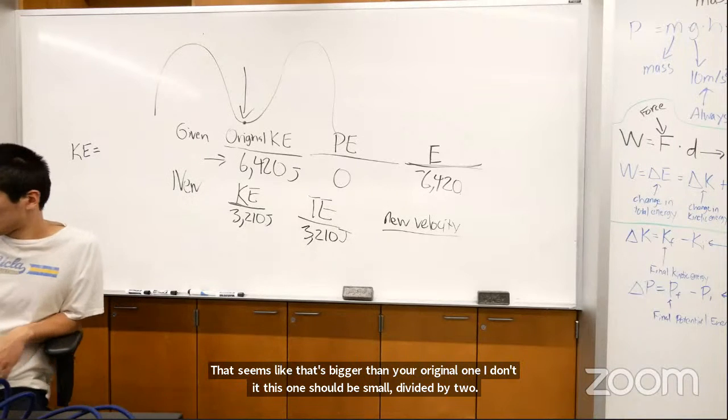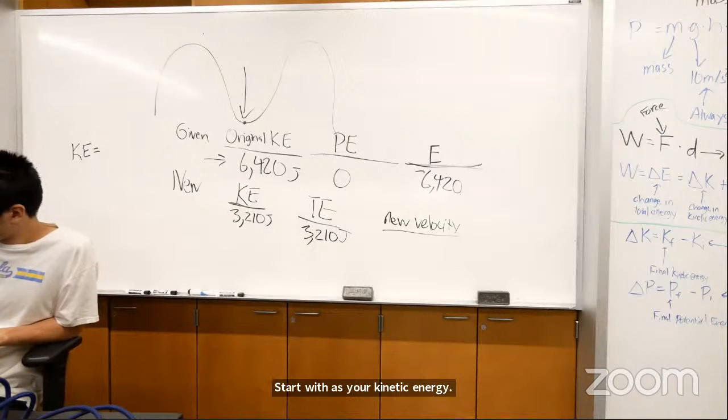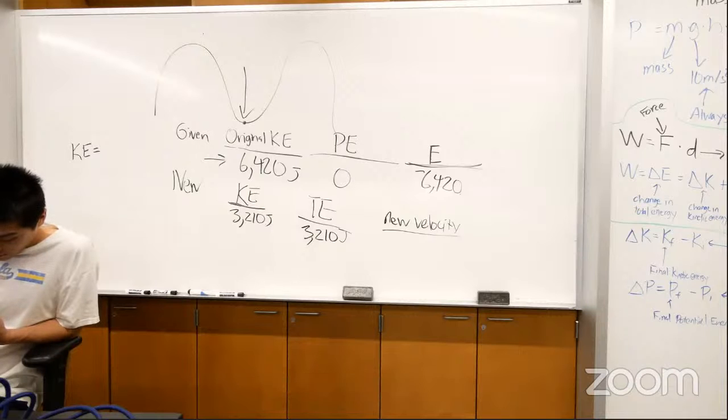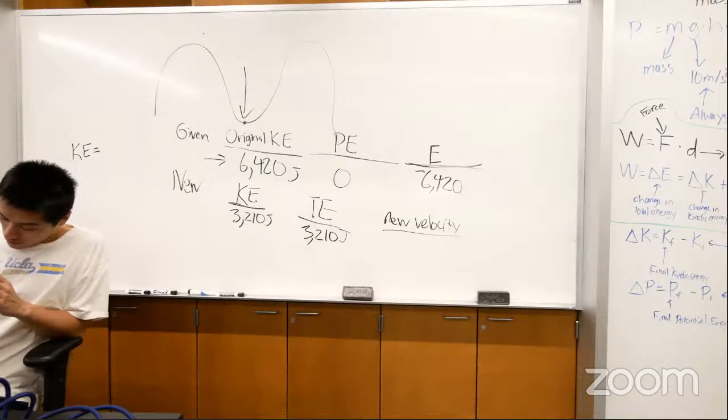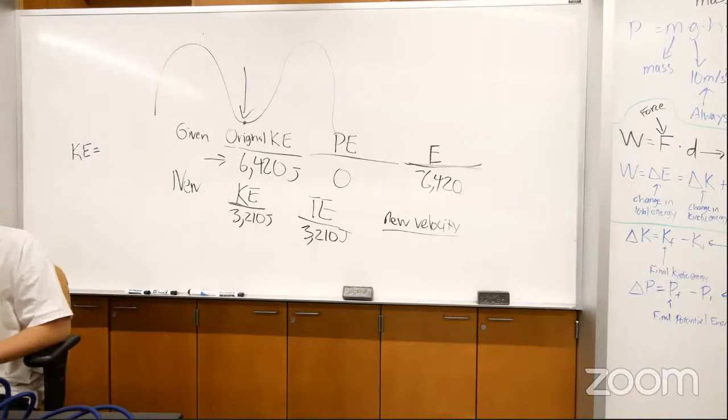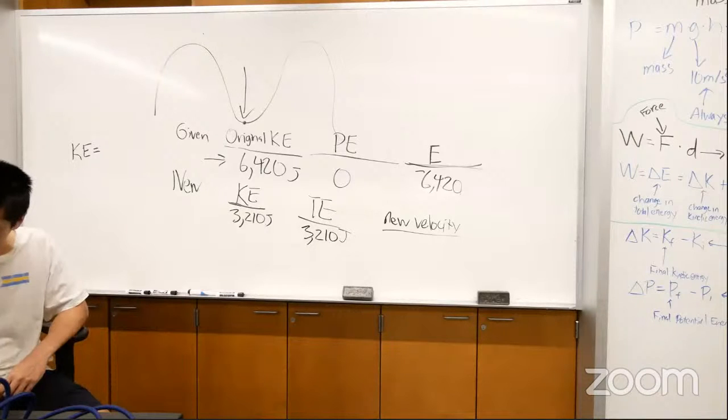Hold on. $40. Right? Your velocity is 40? Yeah, correct. Okay. So let's just double check.